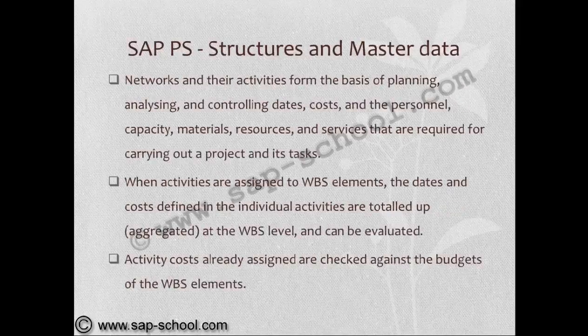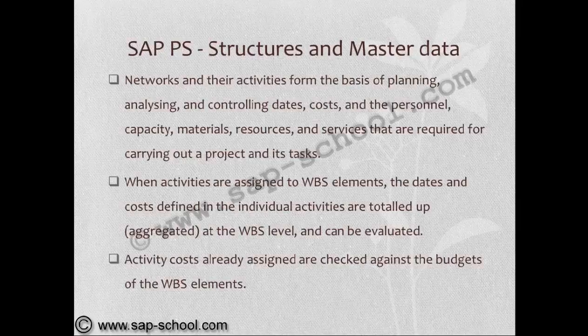Networks and their activities form the basis of planning, analyzing, and controlling dates, costs, and personnel capacity, materials, resources, and services that are required for carrying out a project and its tasks. When activities are assigned to WBS elements, the dates and costs defined in the individual activities are totaled up at the WBS element and can be evaluated.